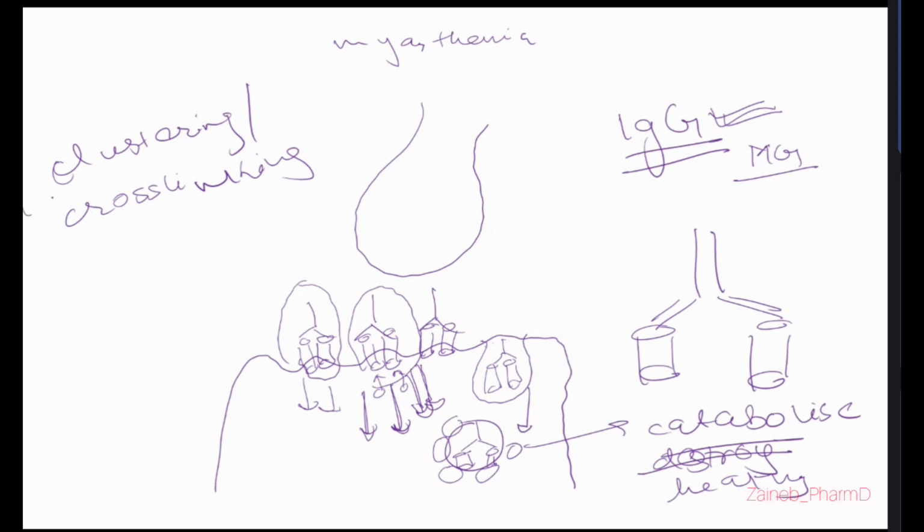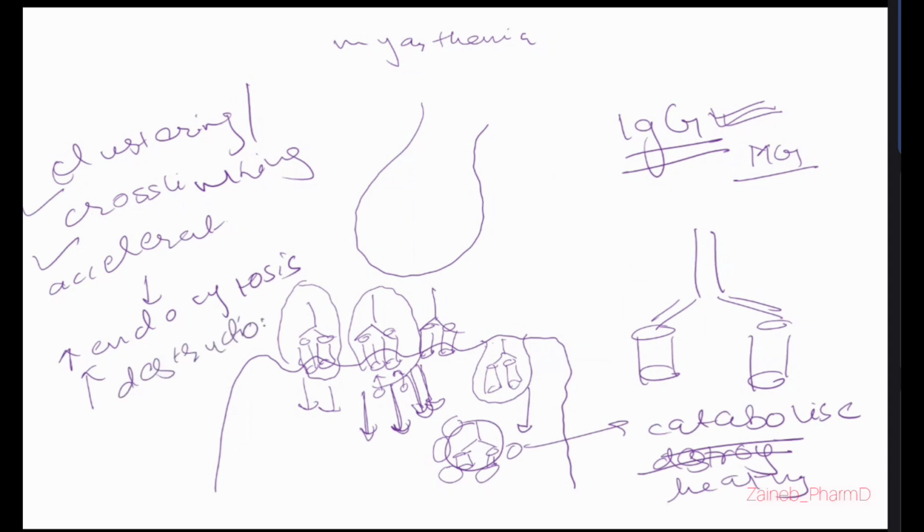This clustering and cross-linking is accelerated, which results in accelerated endocytosis and accelerated destruction. The destruction is so fast that the membrane is not able to compensate and maintain the high concentration of cholinergic receptors on the postsynaptic membrane. As a result, the postsynaptic membrane becomes deficient in acetylcholine receptors.